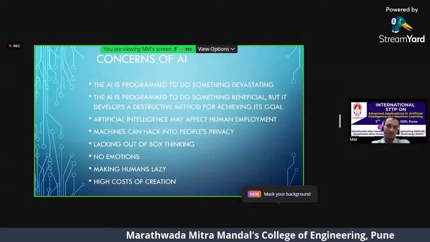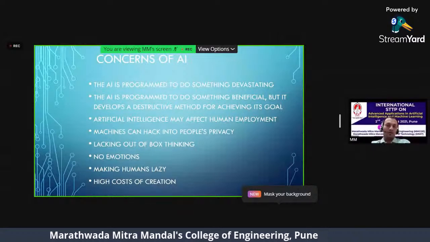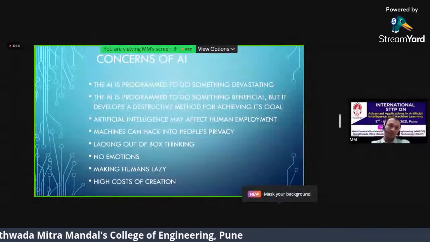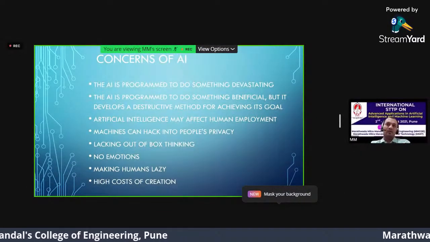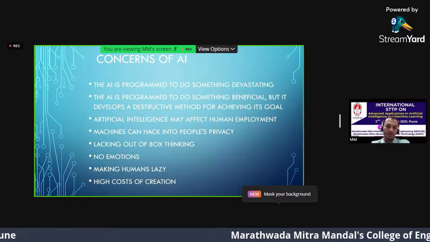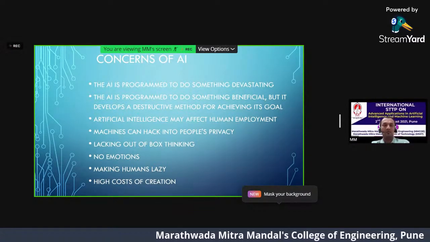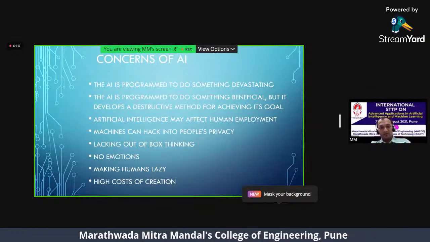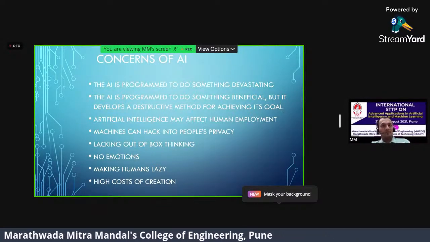So that is how it is also affecting human employment. And you might have seen nowadays the automated machines used for cleaning, also called robot vacuums, which clean and vacuum the place without human intervention.